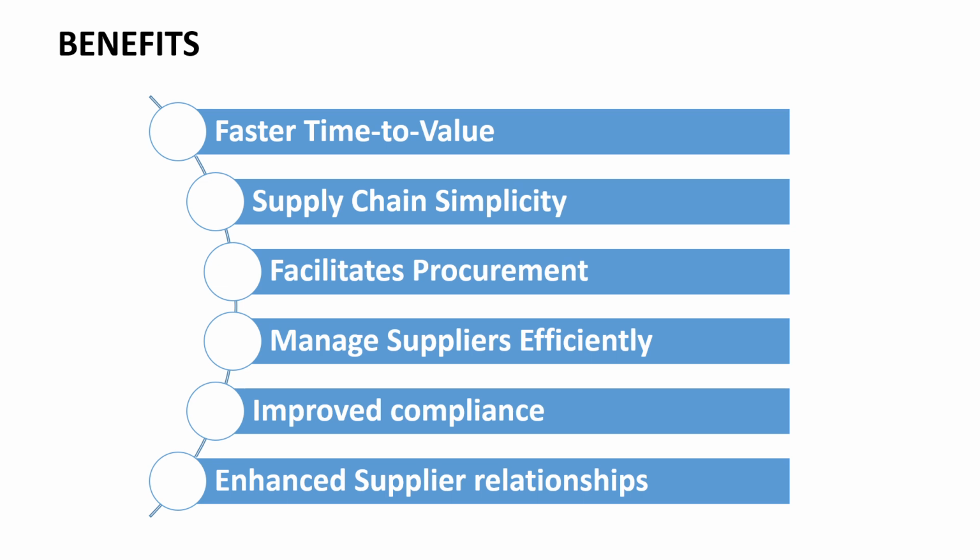And then the last one is enhanced supplier relationships. It means SAP Ariba can help businesses improve their relationships with suppliers by providing a collaborative platform for managing transactions and sharing information. These are all the benefits of SAP Ariba.